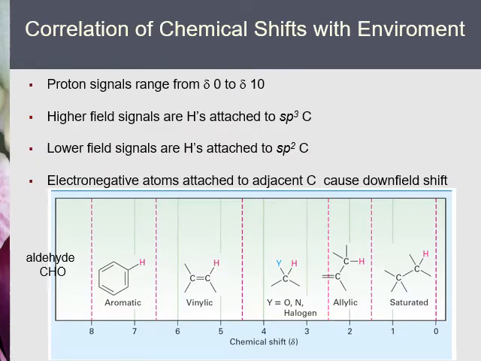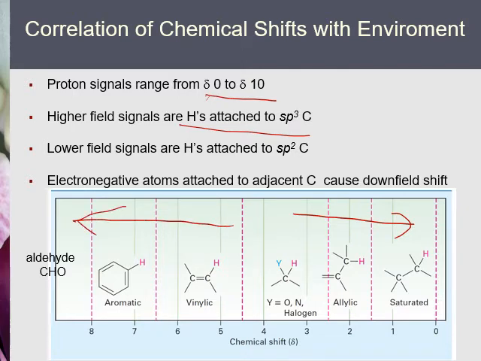Here shows the chemical shift trend for protons. Proton signals usually range from 0 to 10, which is much smaller than carbon-13. Protons attached to sp3 carbon have higher field strength. In the spectrum it is towards the right side or high field side. Hydrogens attached to sp2 hybridized carbon are to the left side or downfield side. Hydrogens attached to carbon with no electronegative atoms usually range from 0 to 1.5.